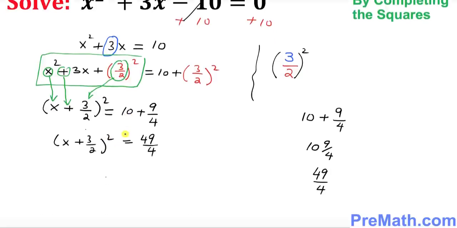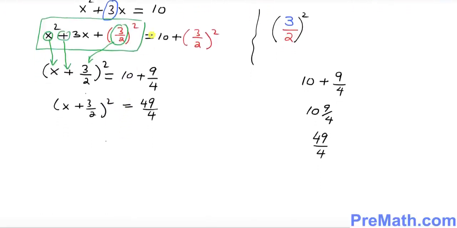The next thing we want to do is solve for x. For that we need to get rid of this square. We're going to take the square root on both sides. So the square and square root undo each other. We get x plus 3 over 2 equals positive or negative, the square root of 49 is 7 over the square root of 4 is 2.